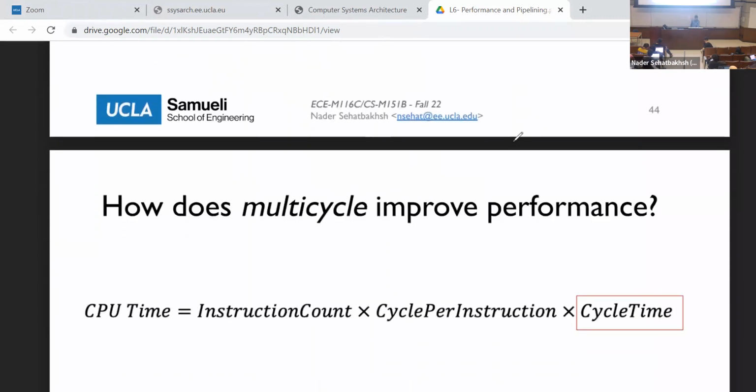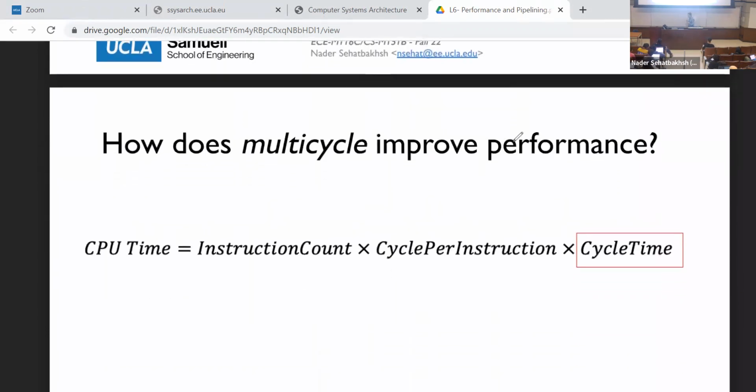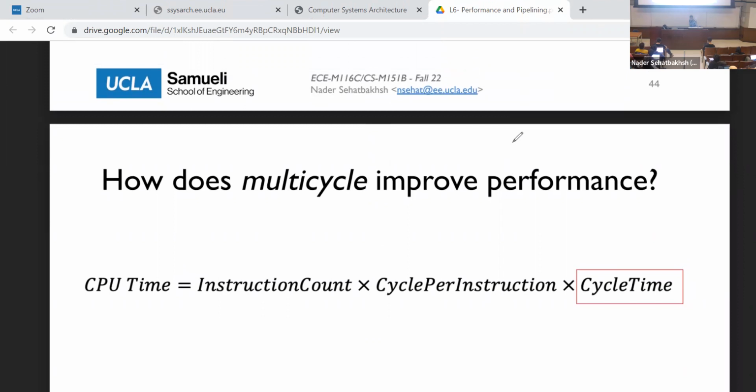So moving on, now we are adding this multi-cycle design. What happens to our CPU time? Of course, as I said, our cycle time gets reduced. If we do a perfect job of exactly dividing it into 5, ideally what we would get is CT divided by 5, because we're dividing the entire path into 5 stages.